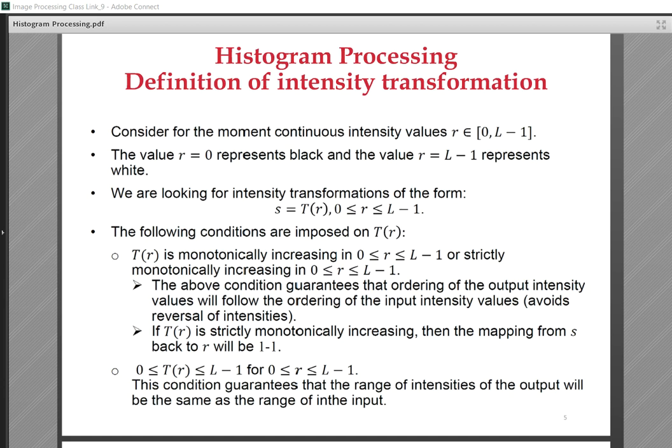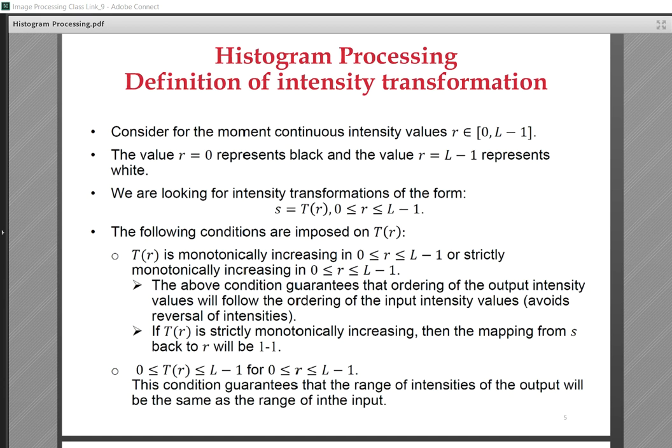These are intensities, okay, or gray levels from the original picture. The value r=0 represents full black, and the value L-1 represents full white. Okay, for example, from 0 to 255. 255 is full white and full bright, and 0 is full black.